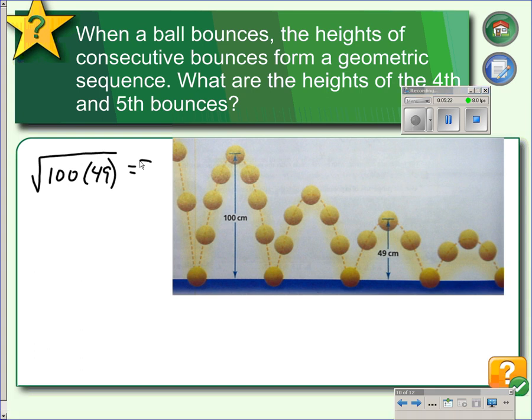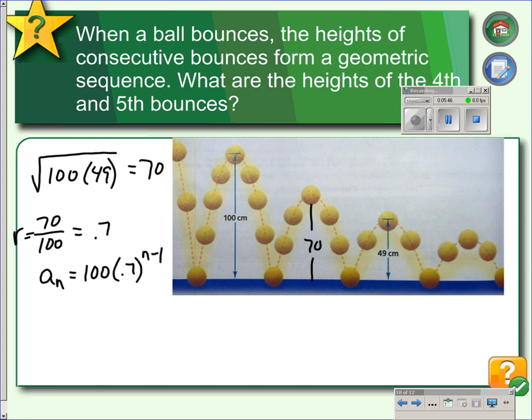So the geometric mean is 70, so we know our second bounce here is 70. So the common ratio would be 70 divided by 100, which is 0.7. So then we can write an explicit formula. A sub n equals A sub 1 times r to the n minus 1.